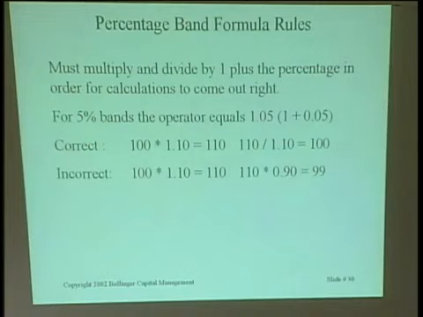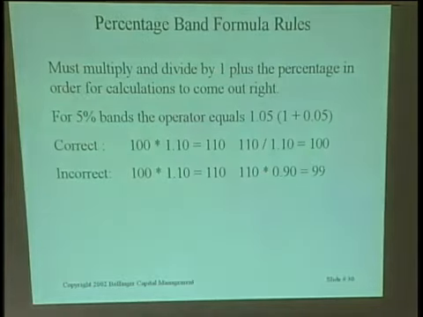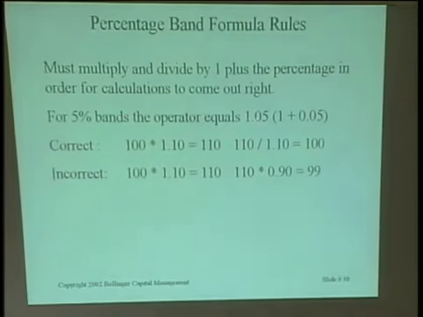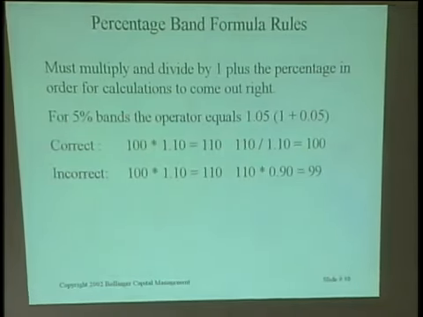And here's why. Again, you must multiply and divide by 1 plus the percentage in order for the calculations to come out right. For 5% bands, the operator equals 1.05, which is 1 plus 5/100ths, or 5%. The correct way to do it is 100 times 1.1, in this case these would be 10% bands, gives us 110.